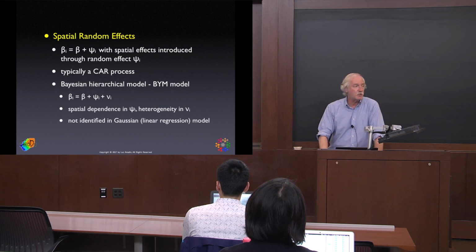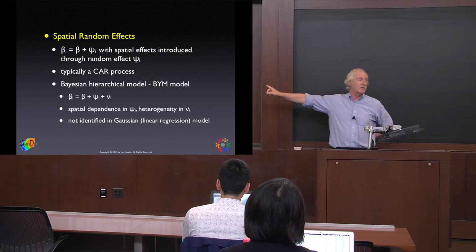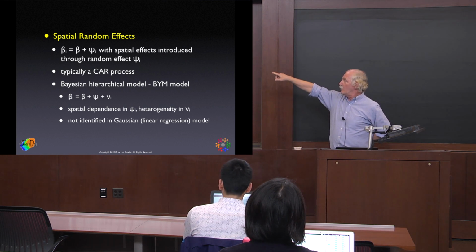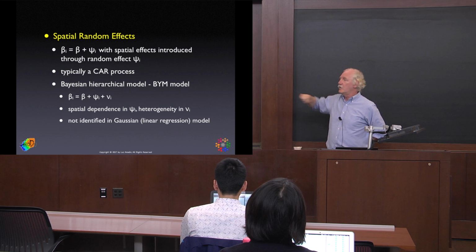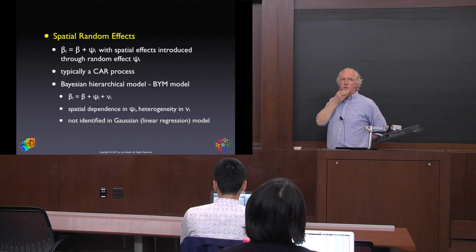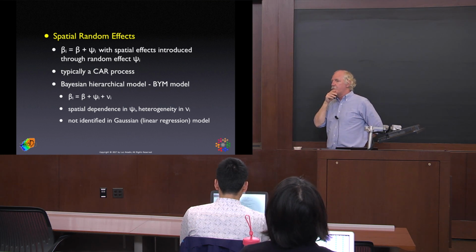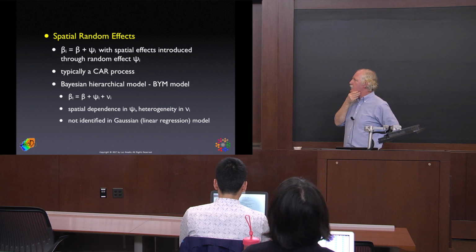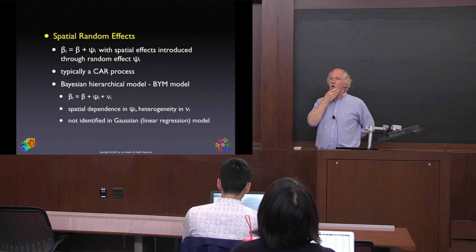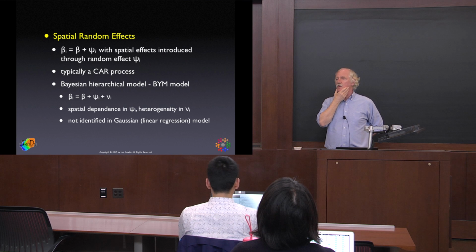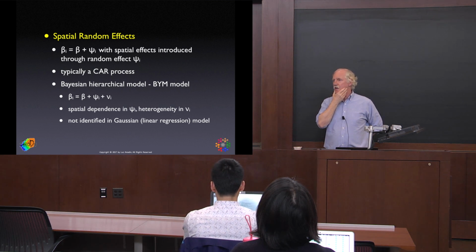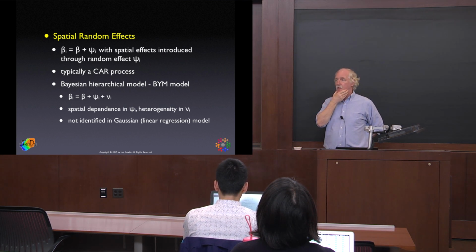It's the same structure as before with the random coefficients, but now we play with this random term, the phi_i. And here we can put all kinds of interesting spatial effects. The classic Bayesian hierarchical model structure is called the BYM model, which stands for Besag, York, and Mollié, who are the authors of a paper.